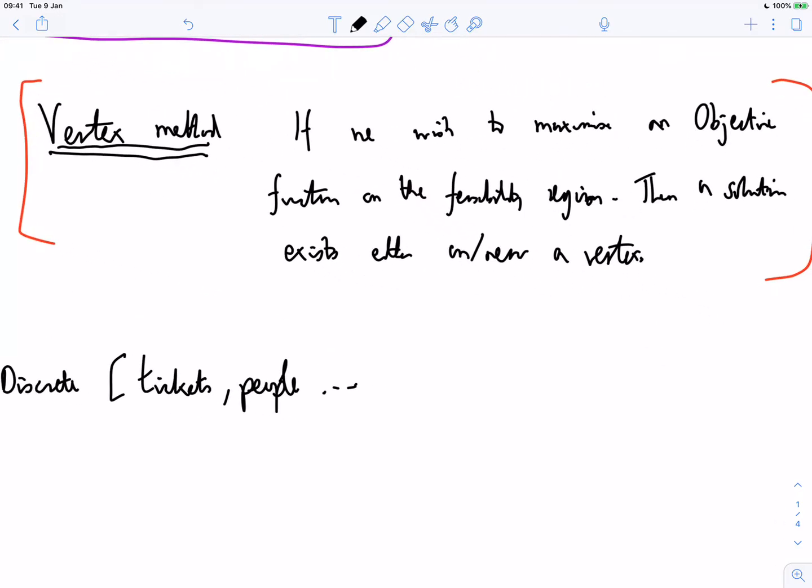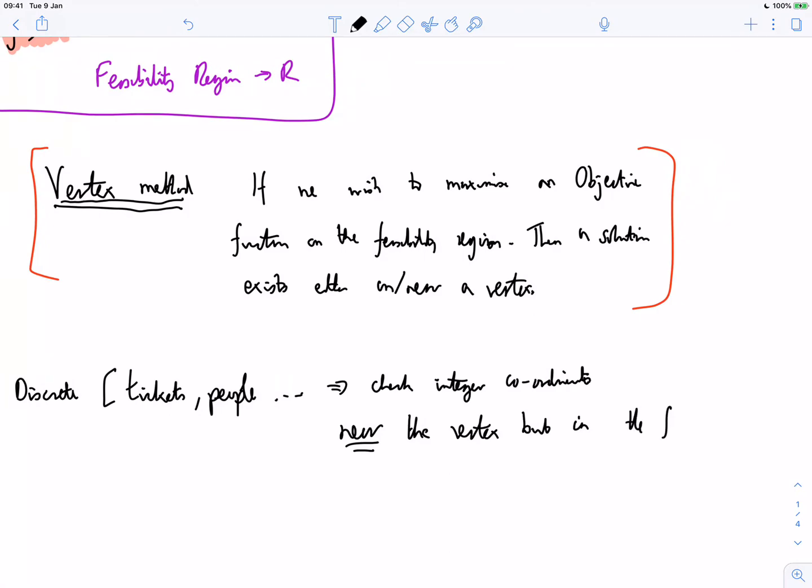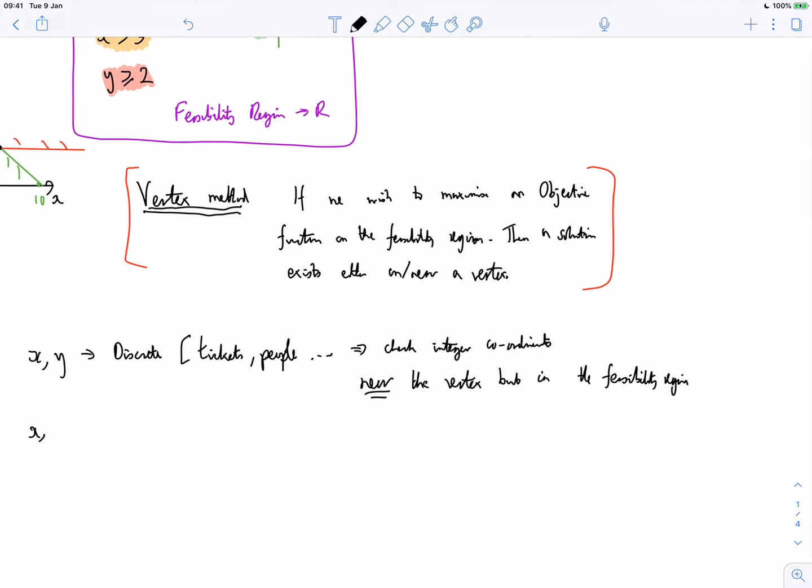In this case, what you do is you check integer coordinates near the vertex, but in the feasibility region.